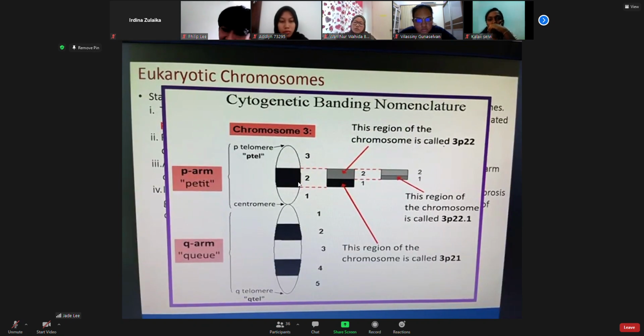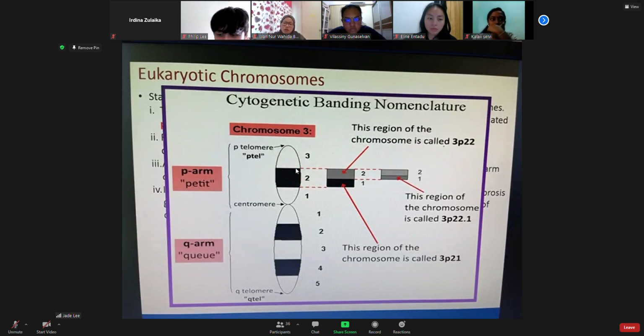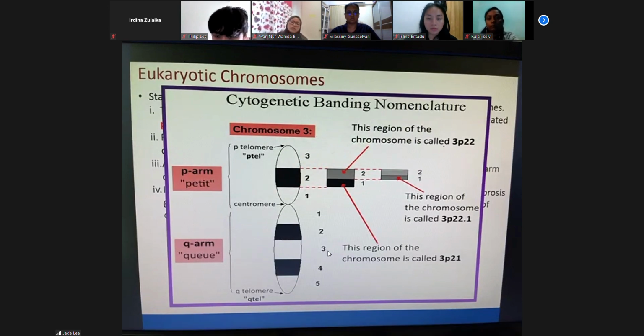Kita kata, okay, kalau kita nak belajar satu jin, jin nama dia jin alpha. Jin alpha located at Q21.3 contohnya.